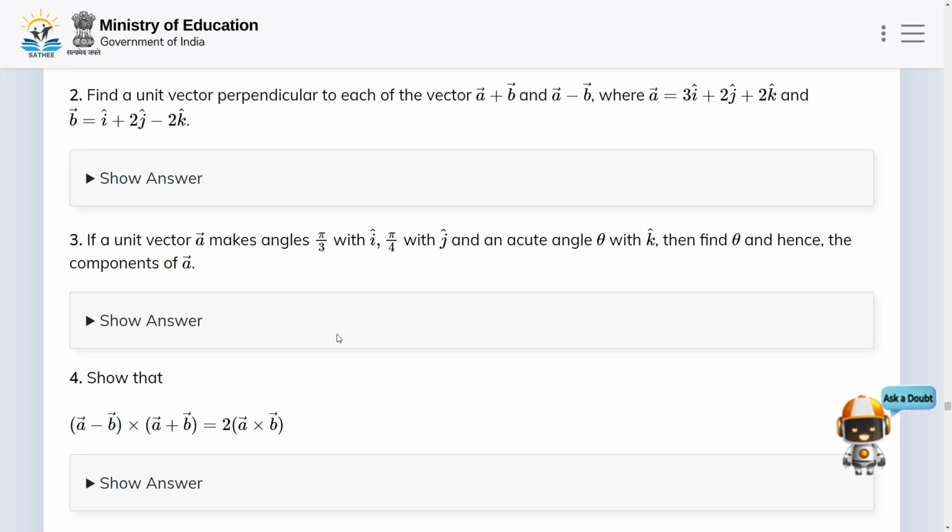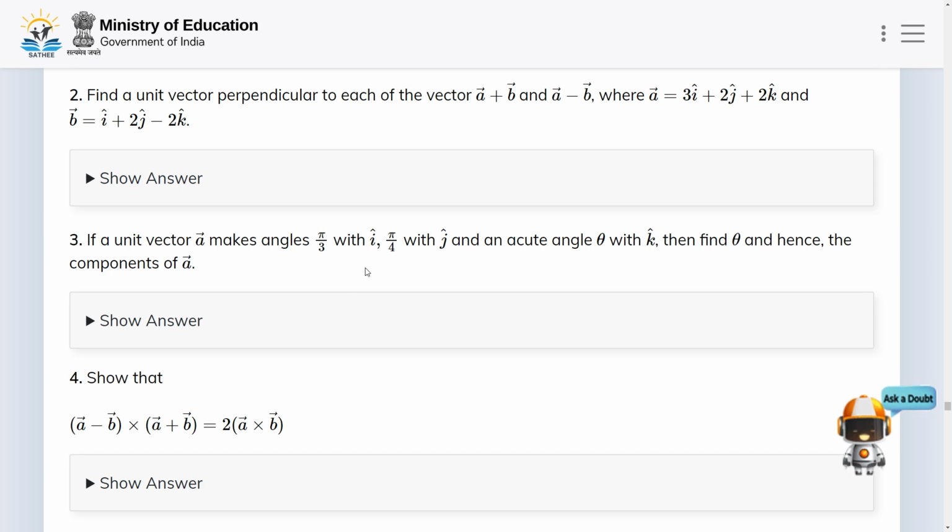Whenever you are asked to find a perpendicular vector to the given vectors, the first thing that comes to your mind is the cross product, because the result of the cross product gives you another vector which is perpendicular to the vectors we just took the cross product of.